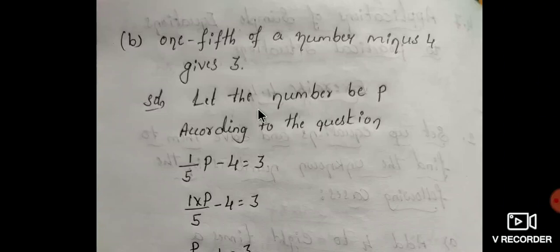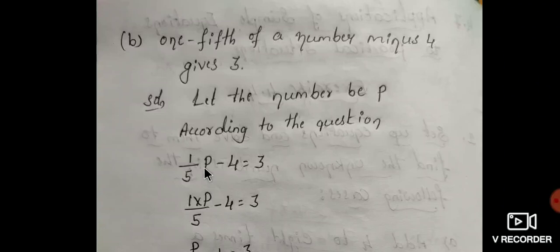So I will take, let the number be p. Then according to the equation, 1/5 of a number p, then minus 4 gives how much? 3. This is the given equation.